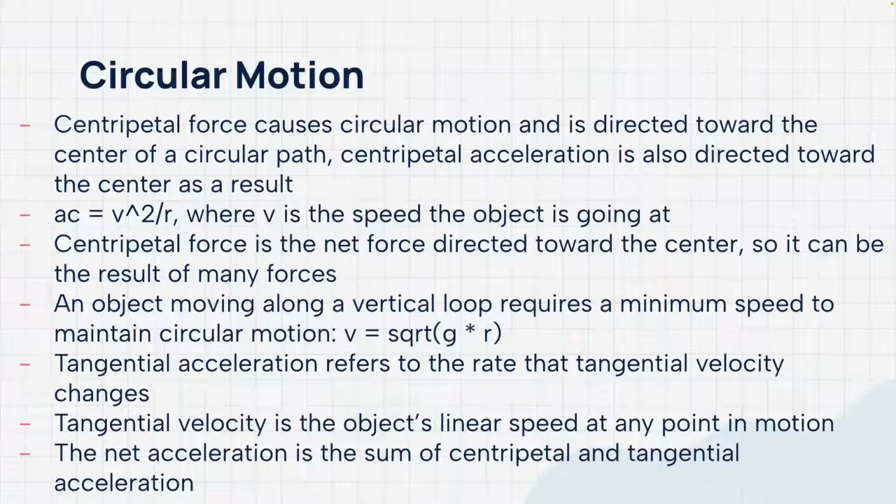And tangential velocity is simply the object's linear speed at any point in motion. So not its angular speed, but the linear speed. The net acceleration is just the sum of centripetal and tangential acceleration. And since centripetal acceleration is inward and tangential acceleration is perpendicular, you'll have to use a vector sum to find the net acceleration.